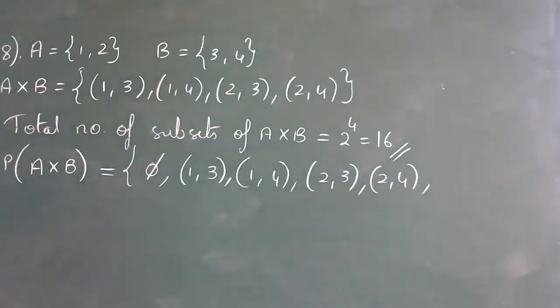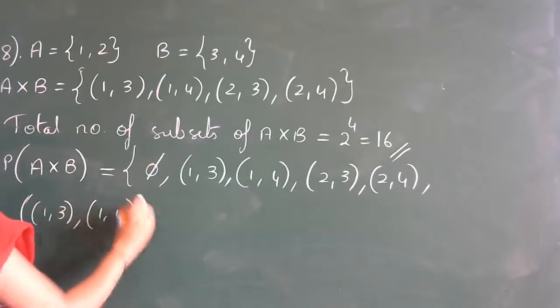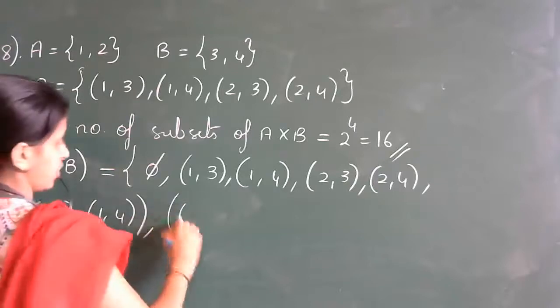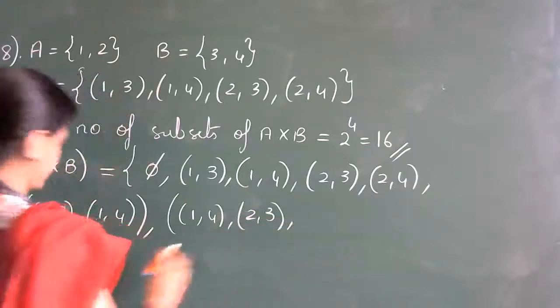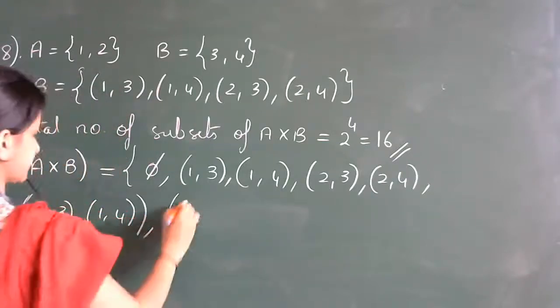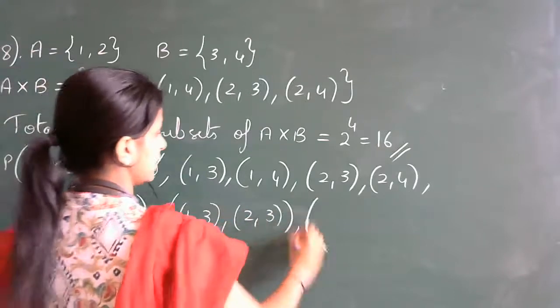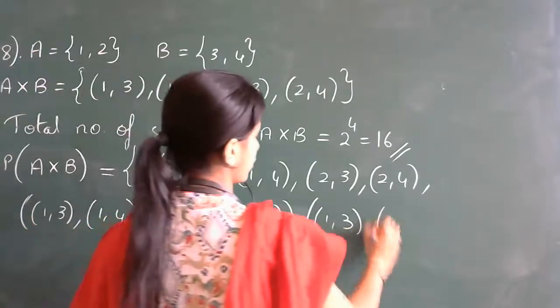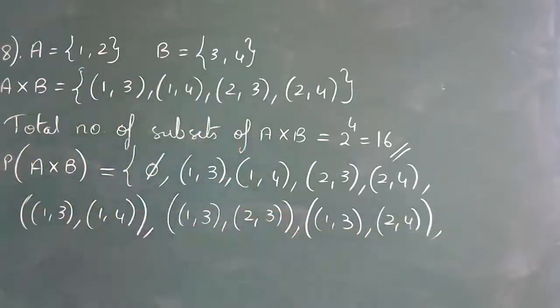Right? Next you will take 2 element sets. So first will be 1 comma 3, 1 comma 4. Sorry, go order wise. 1 comma 3, 2 comma 3. Next 1 comma 3, 2 comma 4. I hope everyone is getting it.